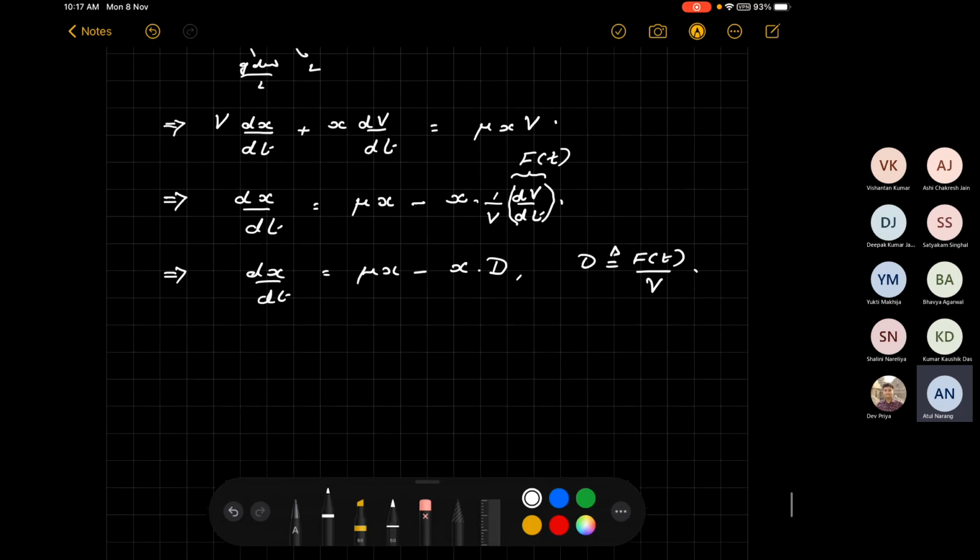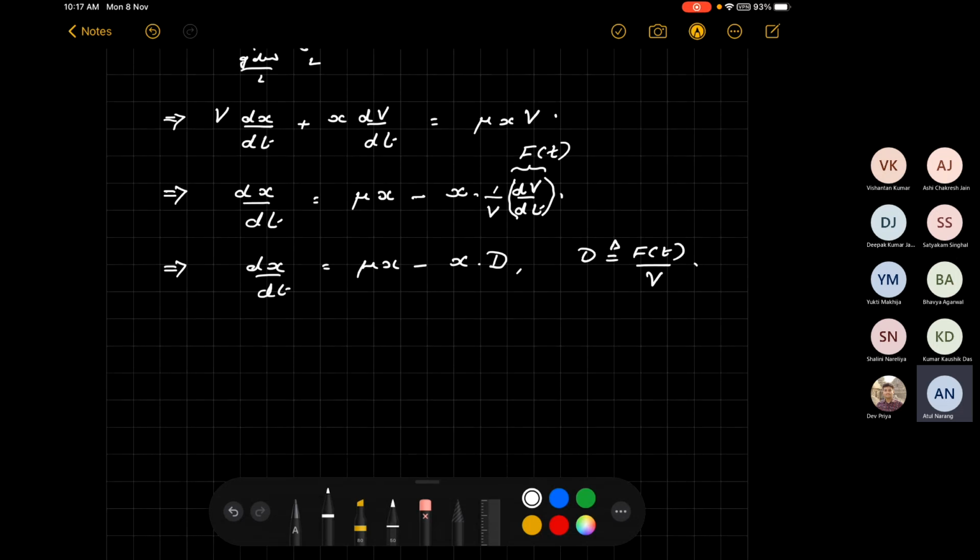So formally the equations look the same, but the interpretation of D is different. In this case, D represents the percent volume expansion of the reactor, right? 1 over V dV/dt is the rate of fractional increase of the volume per unit time.